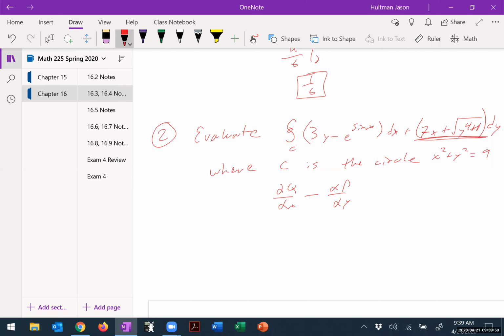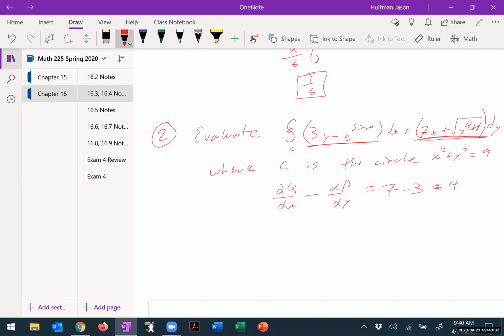Everything that didn't involve x goes away, and only the 7 is left over. And then what about dP/dy? Again, everything that's nasty goes away, and this is just minus 3. So that's 4. It's just a whole number, 4. That's kind of cool.